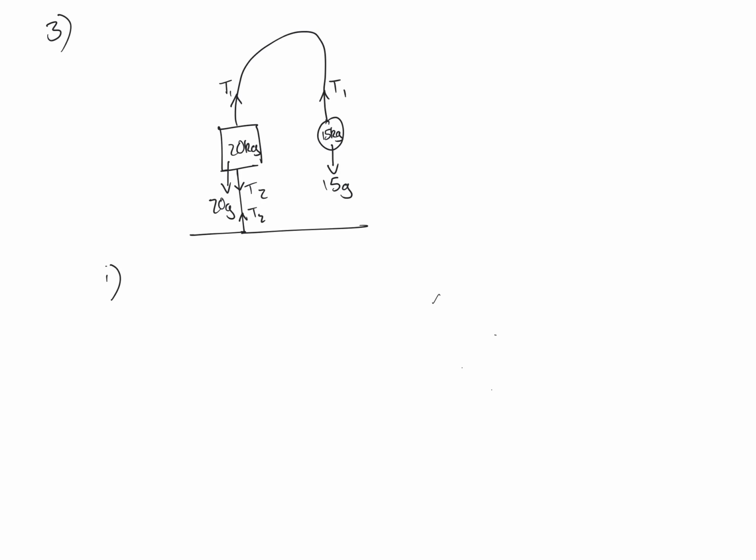There we go. Why is the tension the same throughout the string? Well, it says passed over a smooth pulley, and the string is light. Obviously, if the string had mass, that would affect it, and if the pulley wasn't smooth.